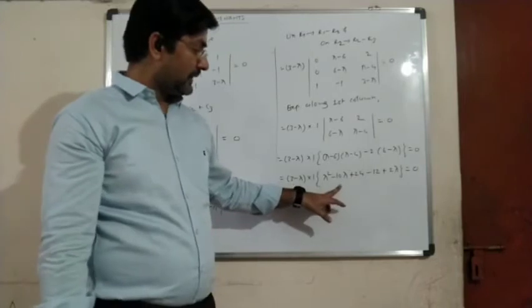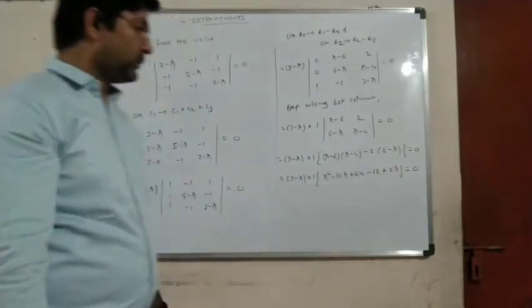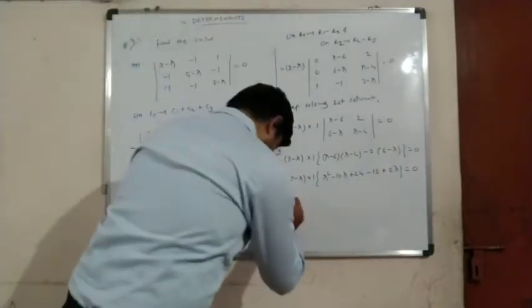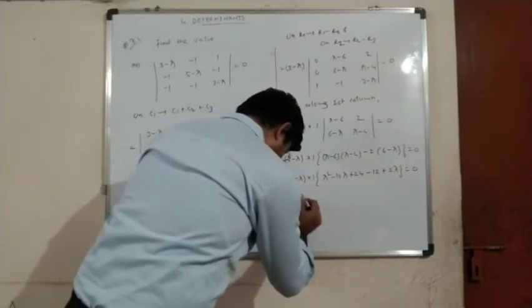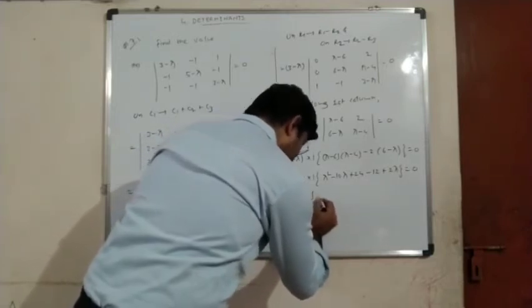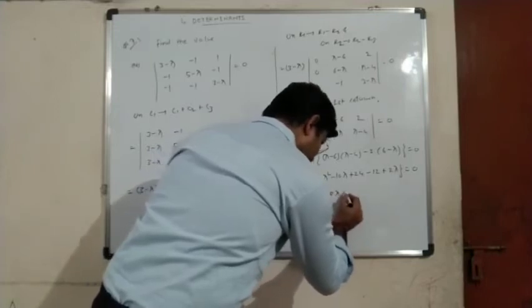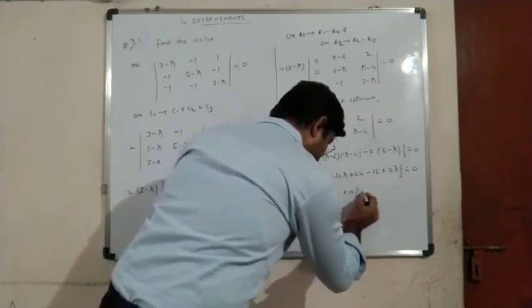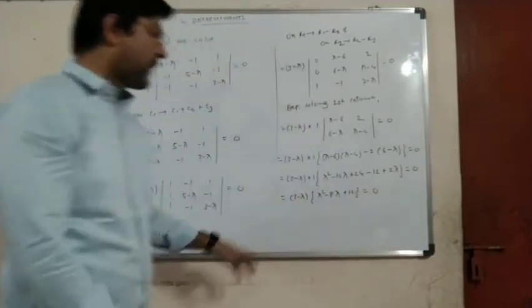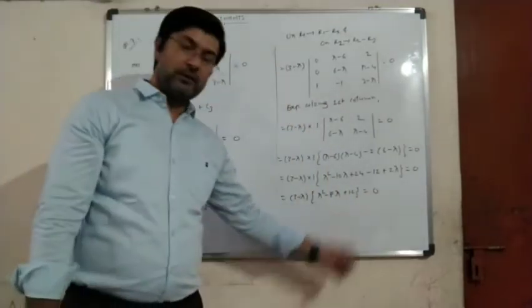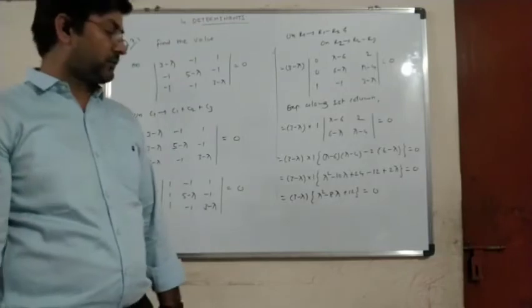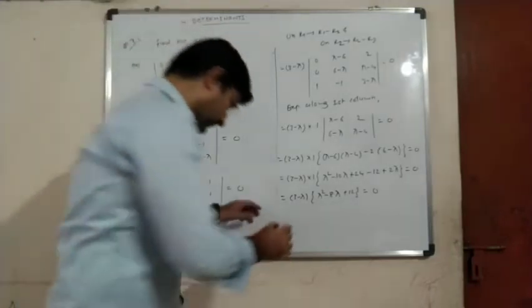So minus 10 plus 2 will be minus 8 lambda. So we get over here 3 minus lambda into lambda square minus 8 lambda plus 12 is equal to 0. Now we can factorize: find two factors of 12 whose sum is 8. So 6 twos are 12.